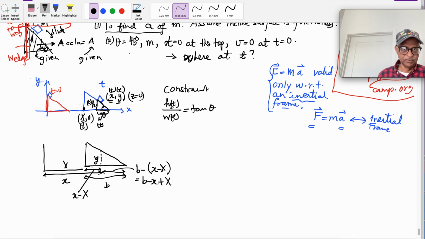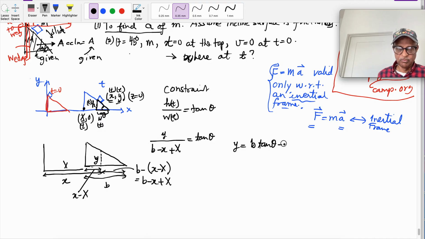So this equation here is Y over B minus little x plus capital X equals tangent theta. And so you can write this down: y equals b tangent theta minus x tangent theta plus capital X tangent theta.